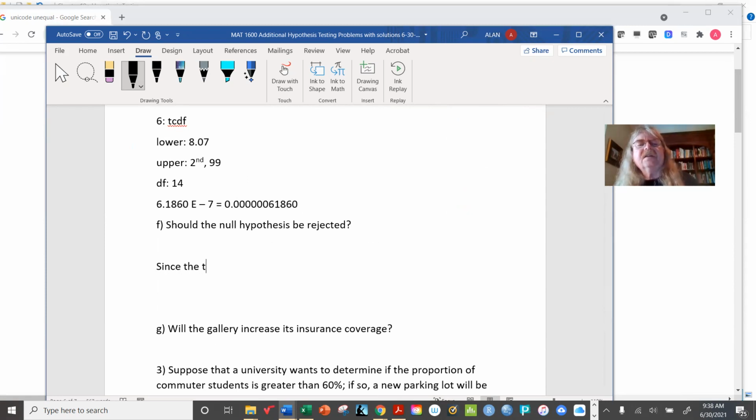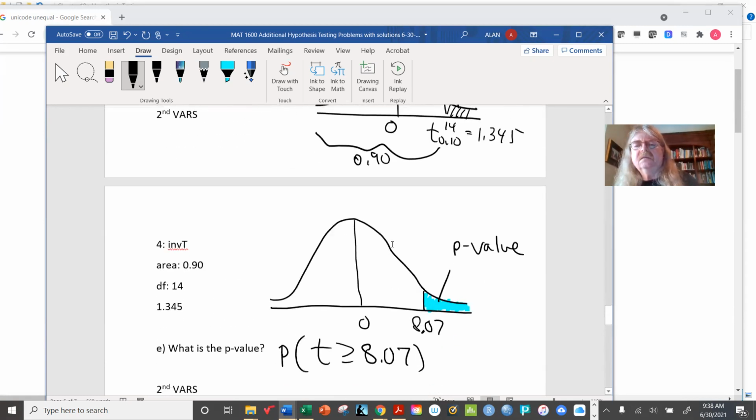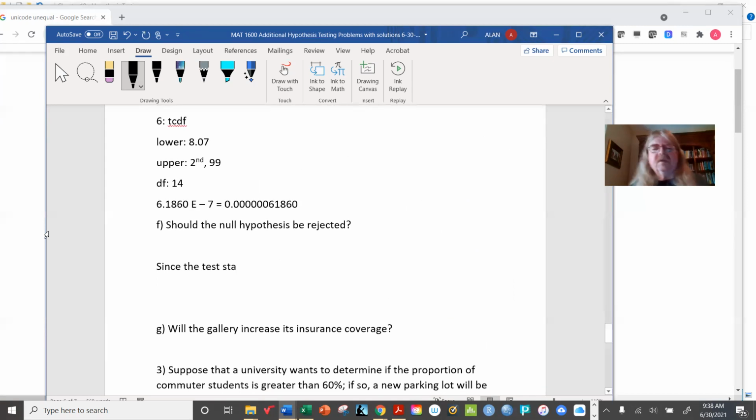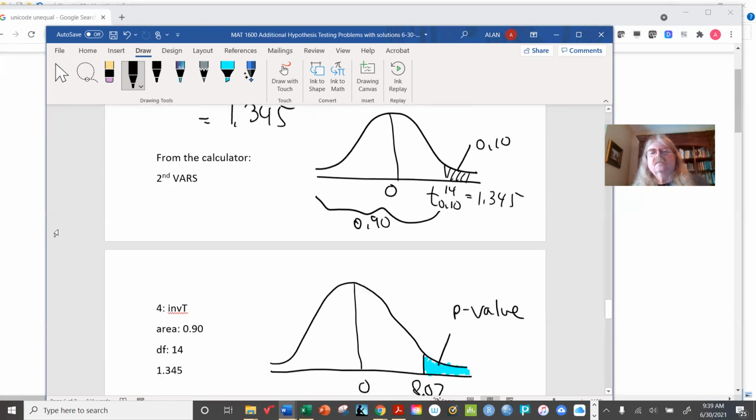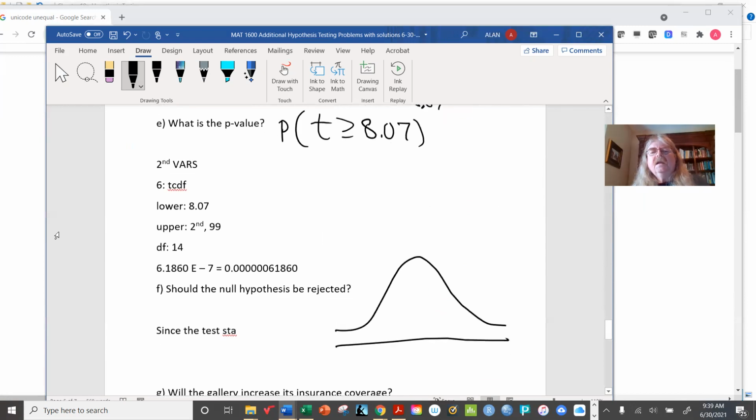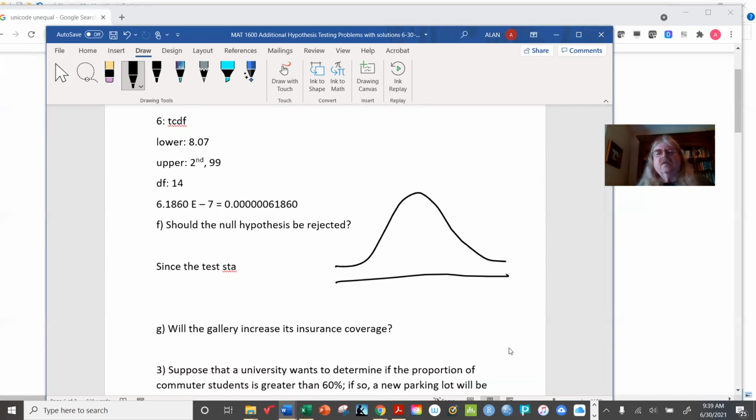Okay, so since the test statistic, well, let's draw this all together in one place. The critical value is 1.345.